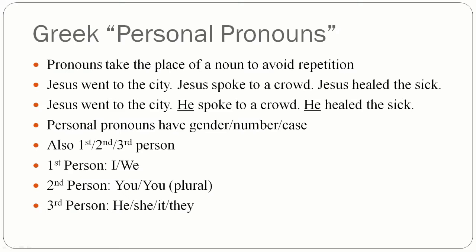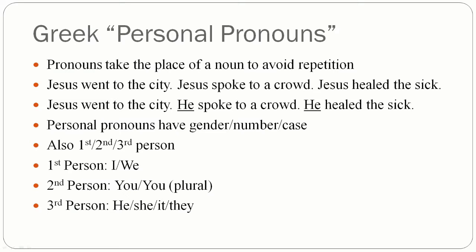First and second person pronouns do not have gender. They're just kind of gender neutral, whereas the third person does have gender, and then the other two categories as well. So the first person personal pronouns are I in the singular or we in the plural.